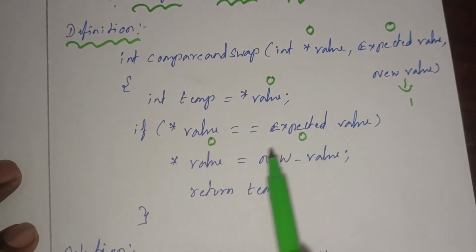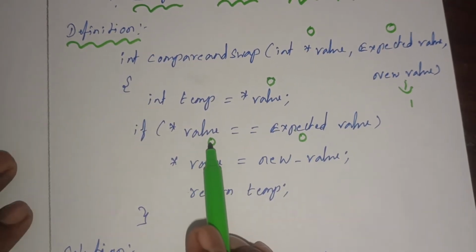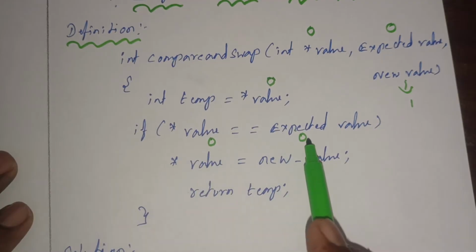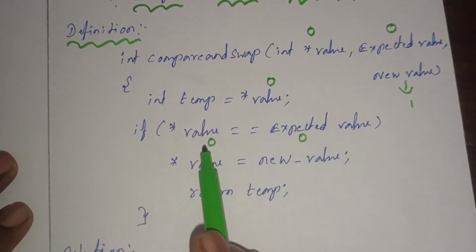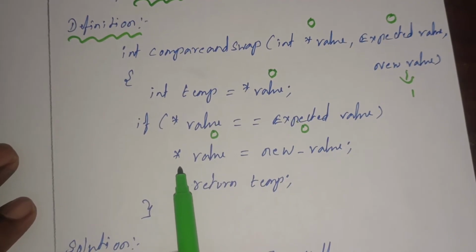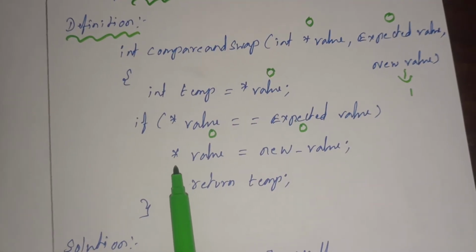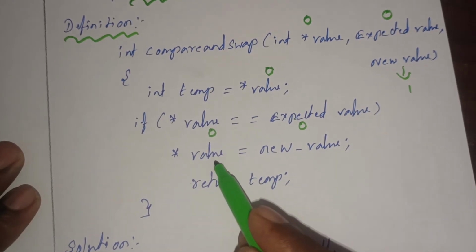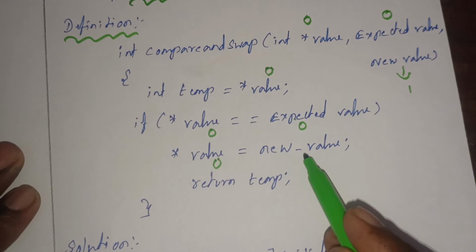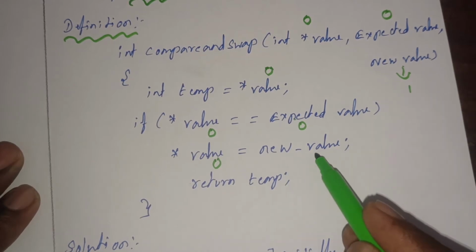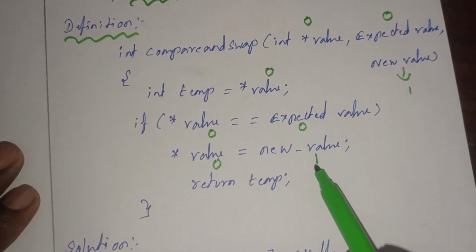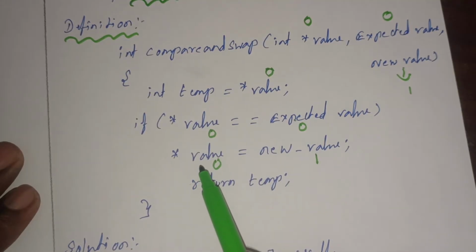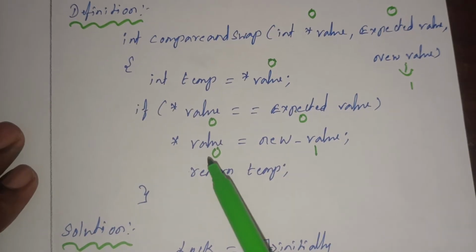If this condition is true, that is, the pointer value, the critical section, is free and my expected value is also 0, so 0 is equal to 0, what happens? I am going to replace this particular value with the new value. Pointer value is equal to new value. The pointer value is currently 0, and the new value, as I already mentioned, will be 1. So this value 0 will be replaced with 1.